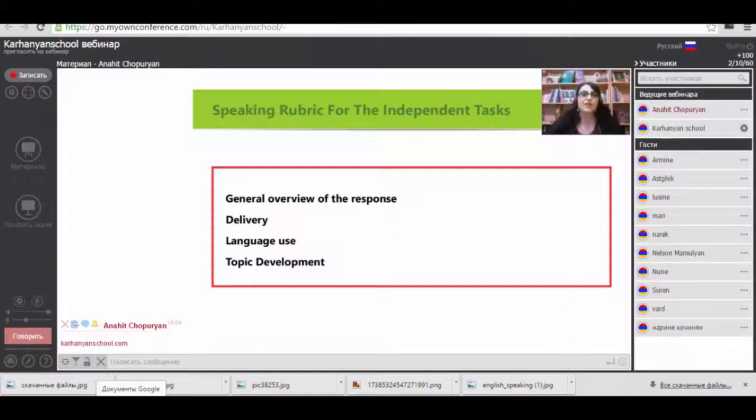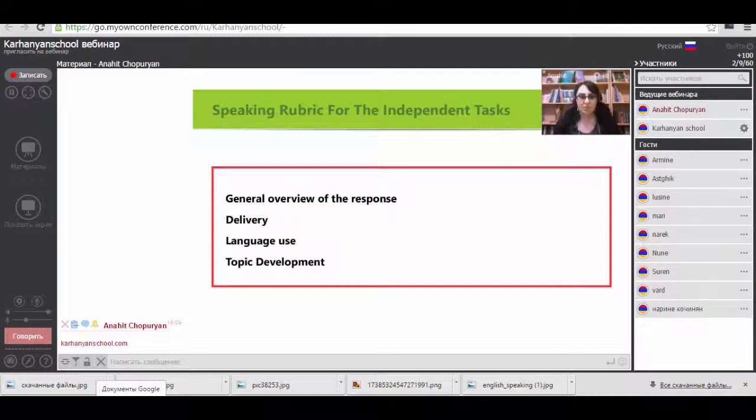The general speaking rubric for the independent task is as follows. The general overview of the response should have the following outline. Delivery: by delivery, we understand the fluency of your speech, how fluently and smoothly you can speak.